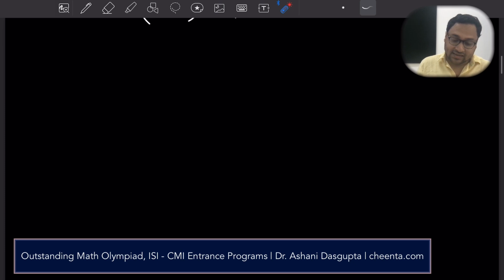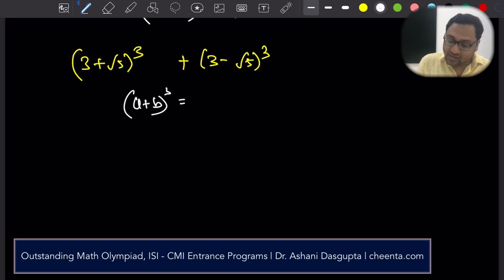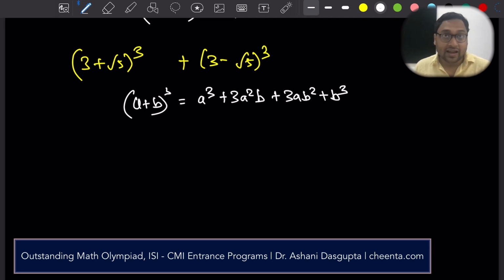Okay, so let's see. (3 plus root 5) whole cube plus (3 minus root 5) whole cube. So the first one, we are just going to use the (a plus b) whole cube formula, which is a cube plus 3a squared b plus 3ab squared plus b cube. This is an algebraic identity.